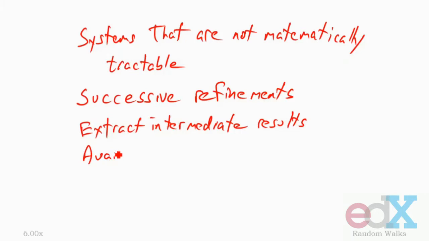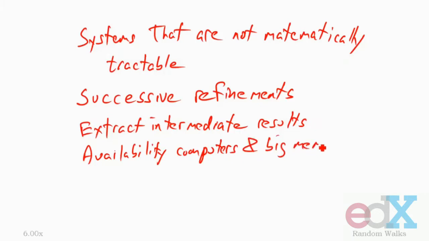And finally, there was a necessary condition, and that's the availability of fast computers and big memory. Until the advent of the modern computer in the middle of the 20th century, the utility of simulation was limited by the time required to perform calculations by hand or the mechanical complexity of application-specific simulators.